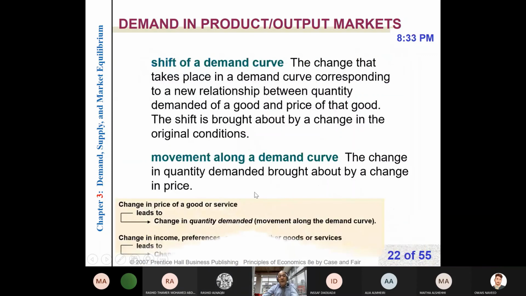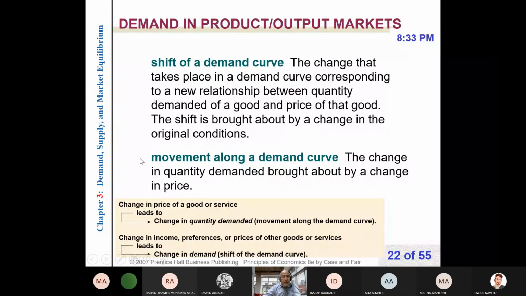Okay. So see here, differentiate between a change in quantity demanded, which is a movement along the demand curve, and it occurs if the price of the product itself changed. So again, if the price of tomatoes changed, that will lead to a change in quantity demanded or a movement along the demand curve.